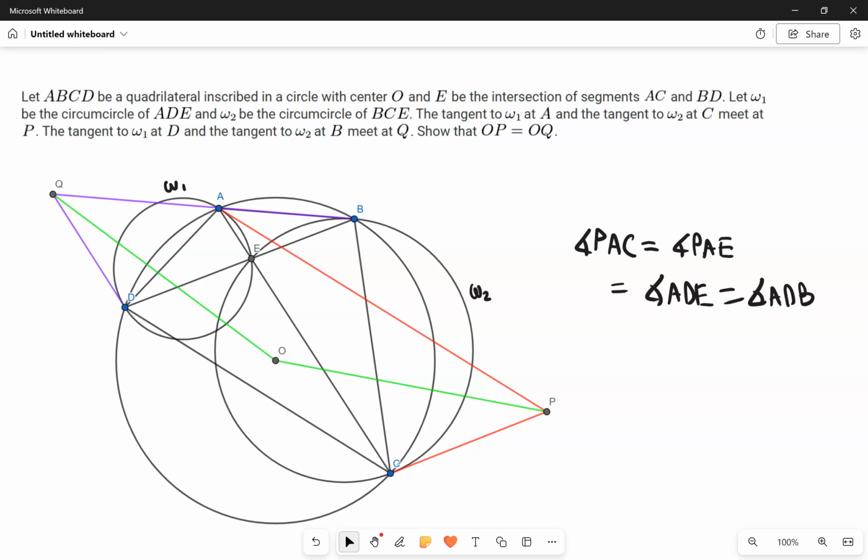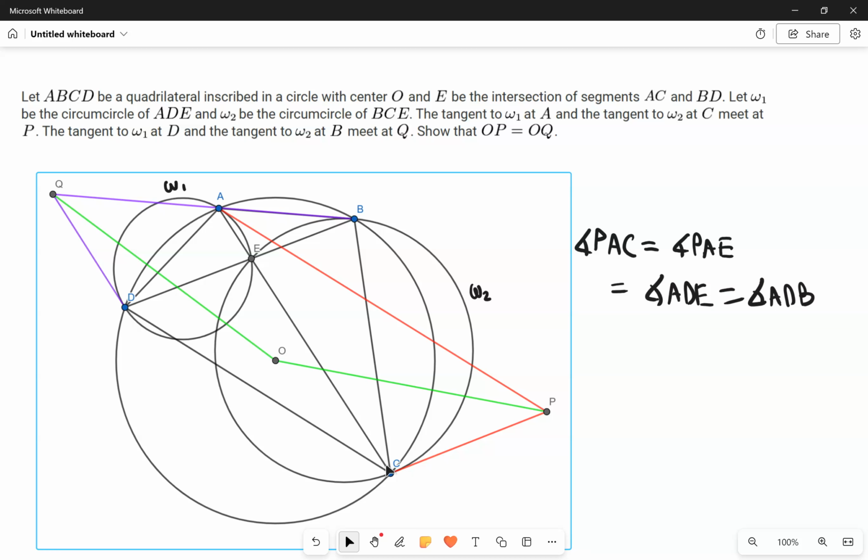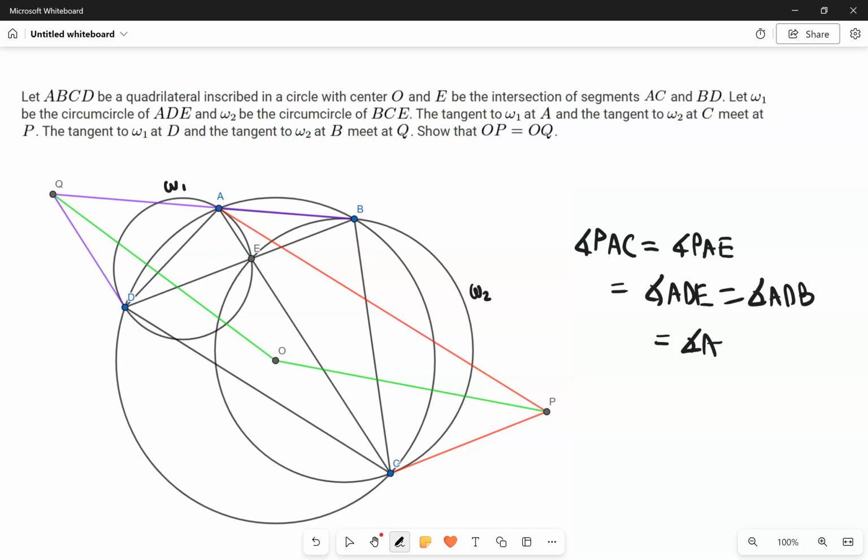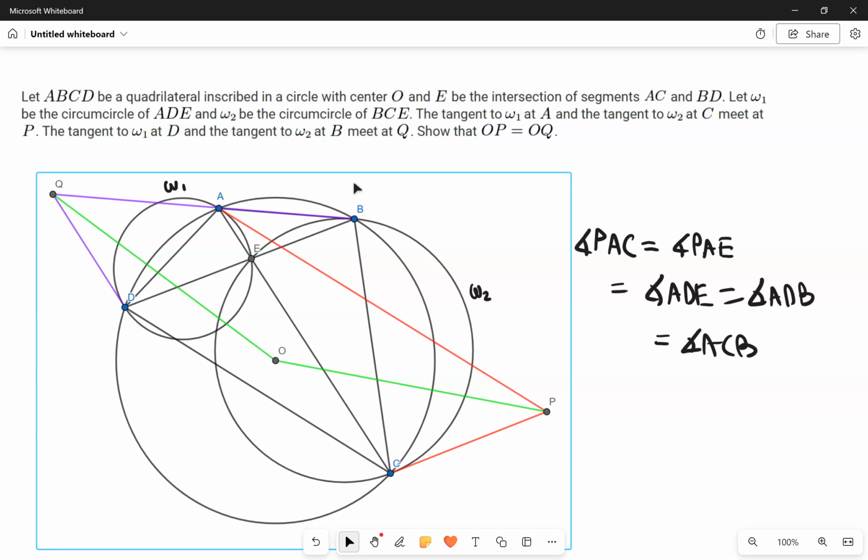So directed angle PAC is equal to directed angle ADB. However, directed angle ADB is also equal to directed angle ACB. So PAC is equal to ACB.